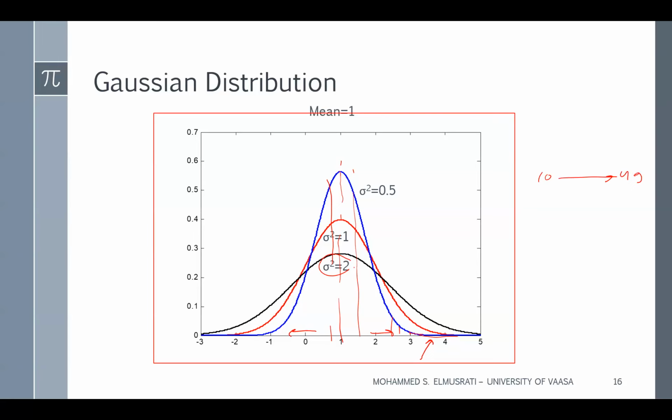Now how will the companies manufacture sizes? What sizes will they use? They look at what the mean is. For example, for adult men, the mean is around 42.5.